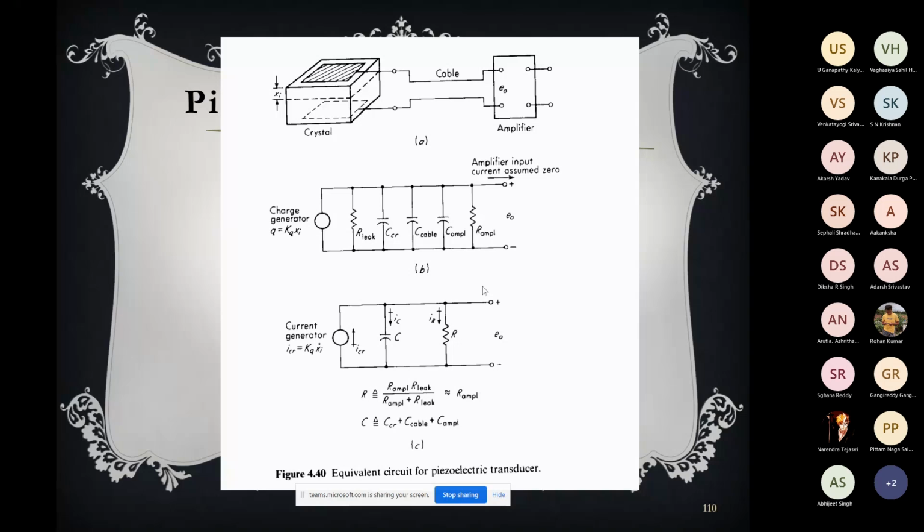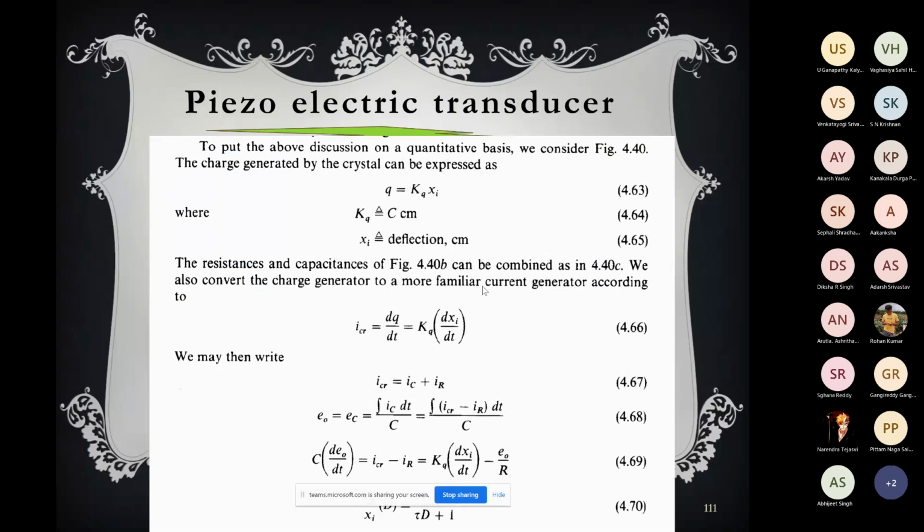So suppose you give a static displacement xi and you maintain that, definitely an EMF will be generated at the terminal due to the charge generated, but as this acts as a capacitance and a capacitance is not leakless, the leakage will happen, the charge will leak, and gradually the charge will go to zero and the output voltage will come to zero.